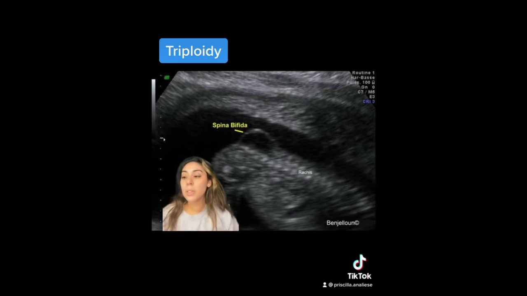There are a couple physical features with this syndrome, but a lot of them revolve around heart defects and renal abnormalities. The first one that I do want to talk about is meningomyocele.